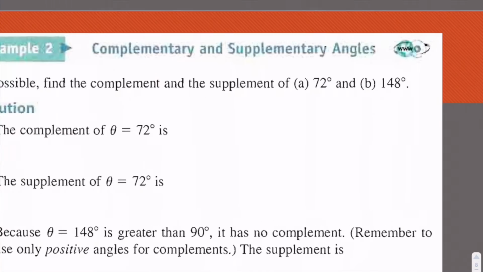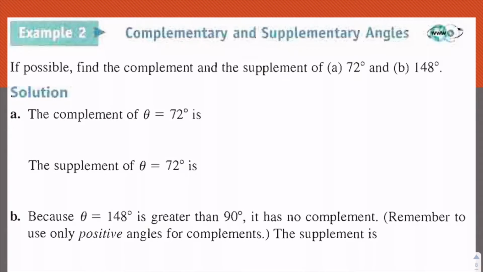So let's look at example 2 here. We're talking about complementary and supplementary angles, and it says, if possible, find the complement and the supplement of 72 degrees and 148 degrees. Let's talk about 72 degrees first and its complement. The complement is found by taking 90 degrees and subtracting 72 degrees, which gives me 18 degrees.